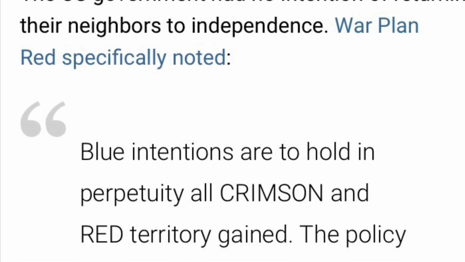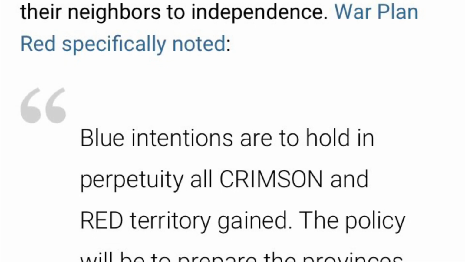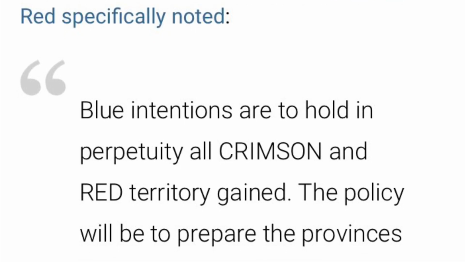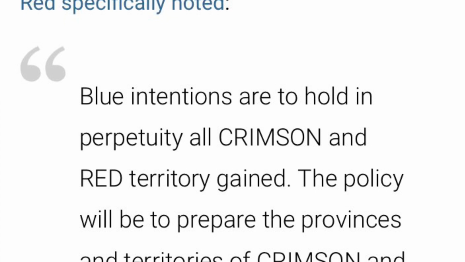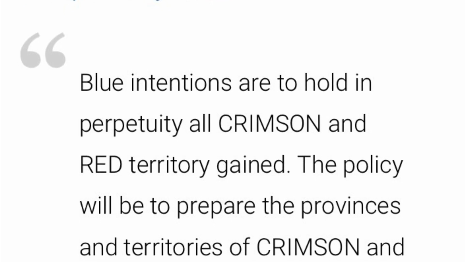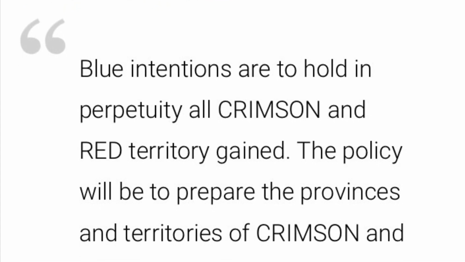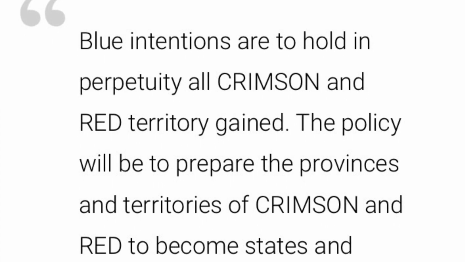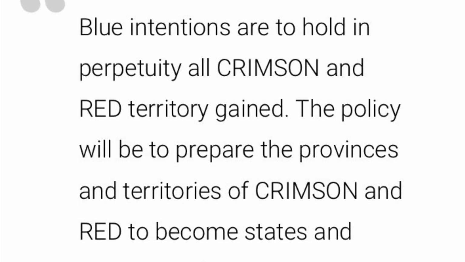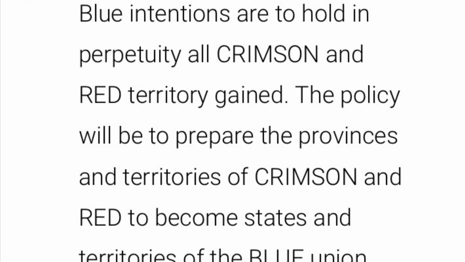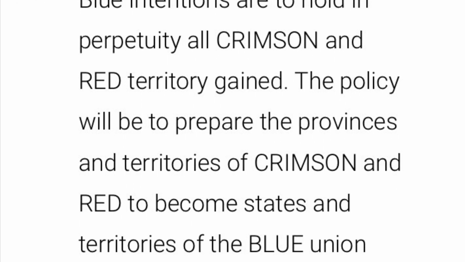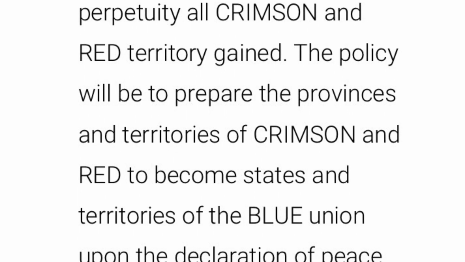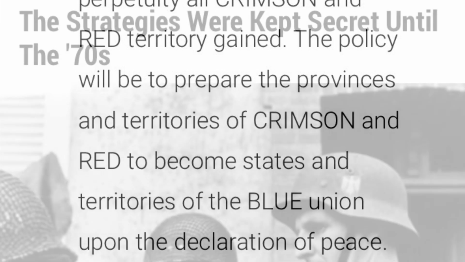War Plan Red specifically noted, "Blue intentions are to hold in perpetuity all Crimson and Red territories gained. The policy will be to prepare the provinces and territories of Crimson and Red to become states and territories of the Blue Union upon the declaration of peace."